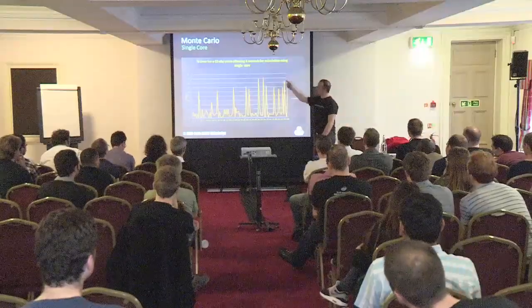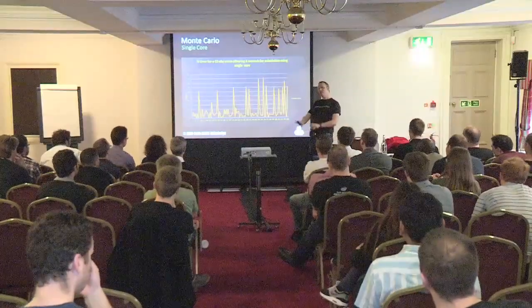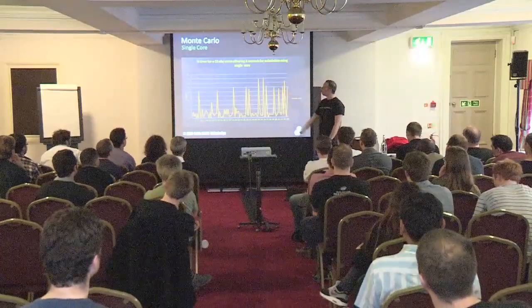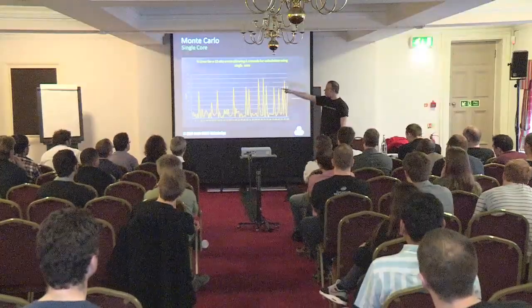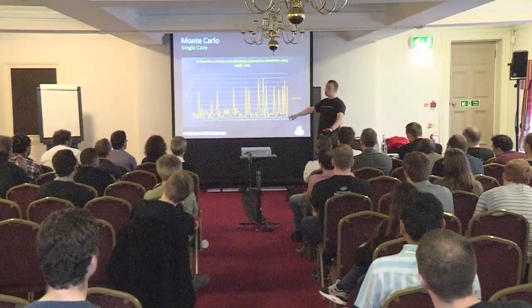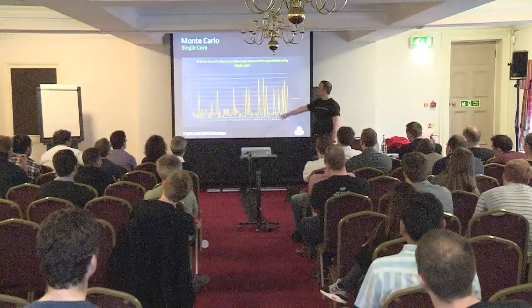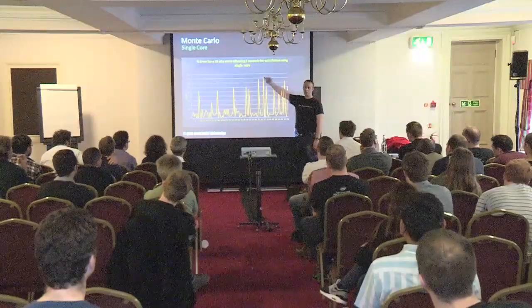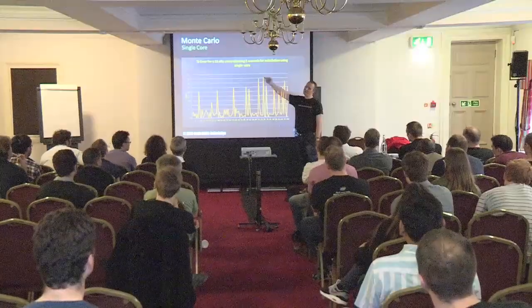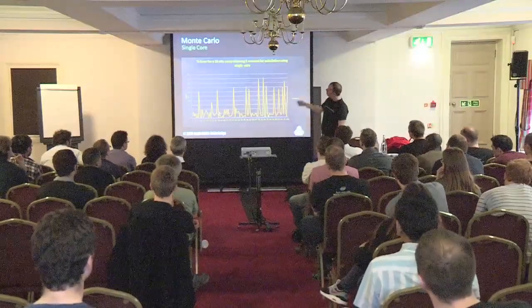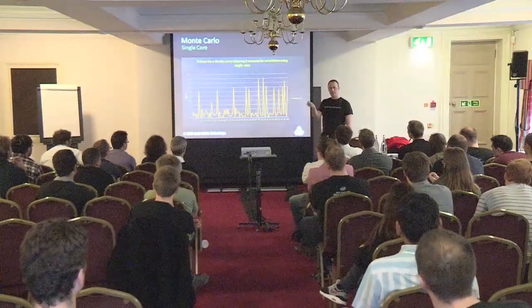I can then run Monte Carlo against it and ask, how good is Monte Carlo? When I ran a single core in 2 seconds, sometimes it got the perfect answer, and other times it was 45% out. That's a hell of a guess, right? That's a bit bad. However, all we're doing is having a single core, just making random guesses.